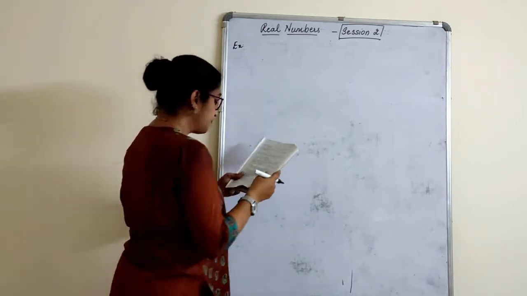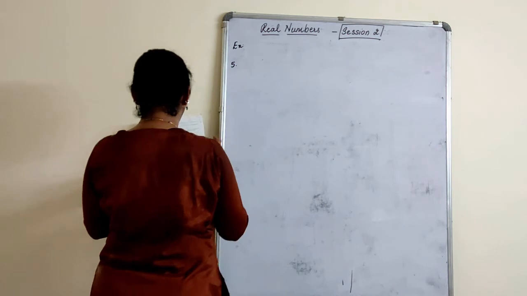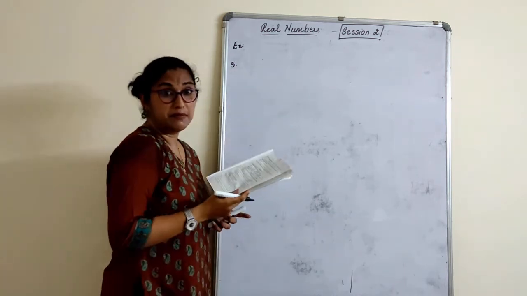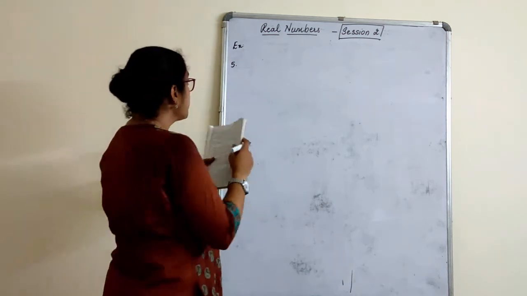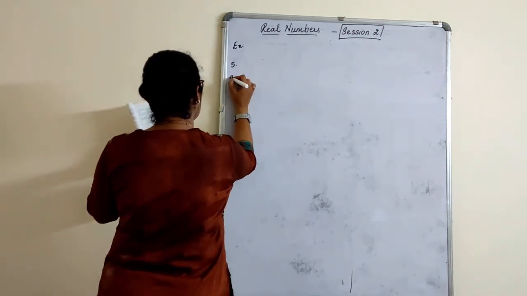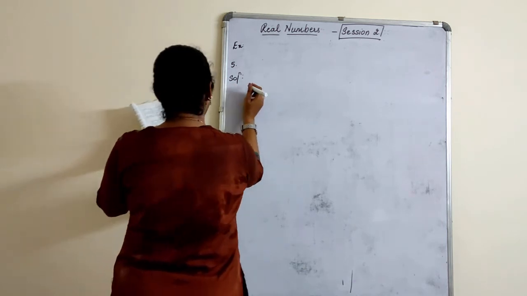Remember that one thing. There are certain steps you have to write in this sum. If you write those 3 steps, you are done. Just see the steps here. Solution part. Check whether 6 raised to n can end with 0.